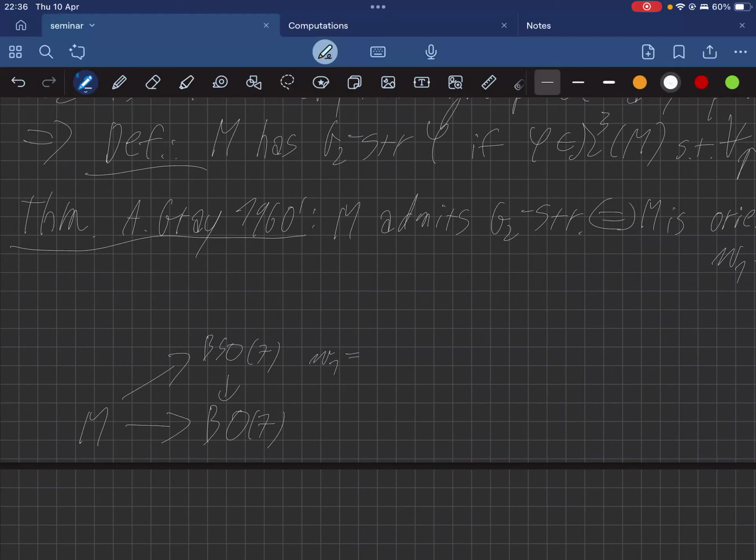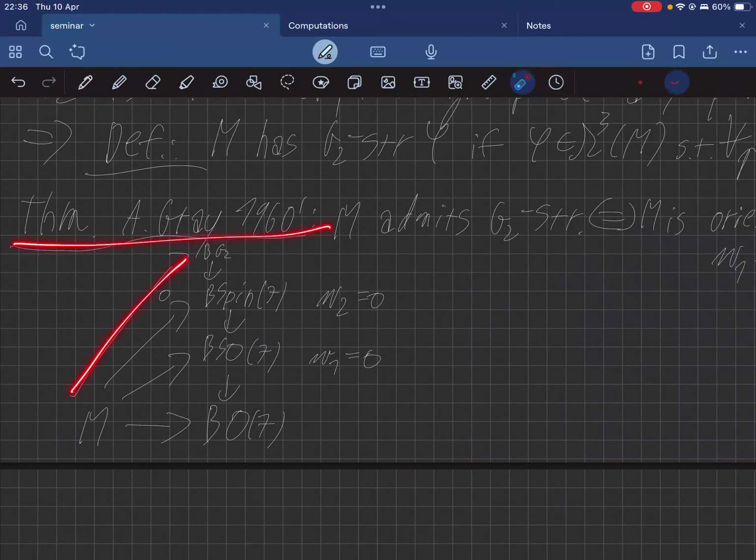The obstruction to this lift is having the first Stiefel-Whitney class equal to 0. Then you can ask, can I lift it even further to BSpin7? Again, that's the same as having a spinnable manifold, and the obstruction is the second Stiefel-Whitney class equal to 0. And you can ask, can I lift it into G2? The point of this theorem is that this lift always exists. There is no extra obstruction. Once you are in Spin7, you can go to G2. So one of these implications is trivial, and the other implication is the theorem.